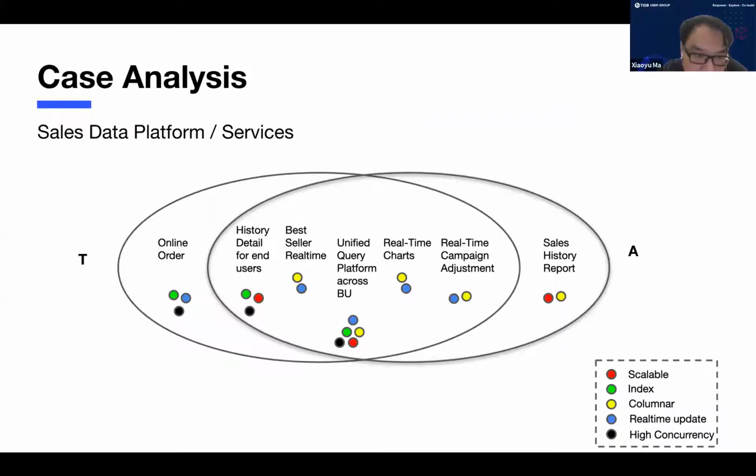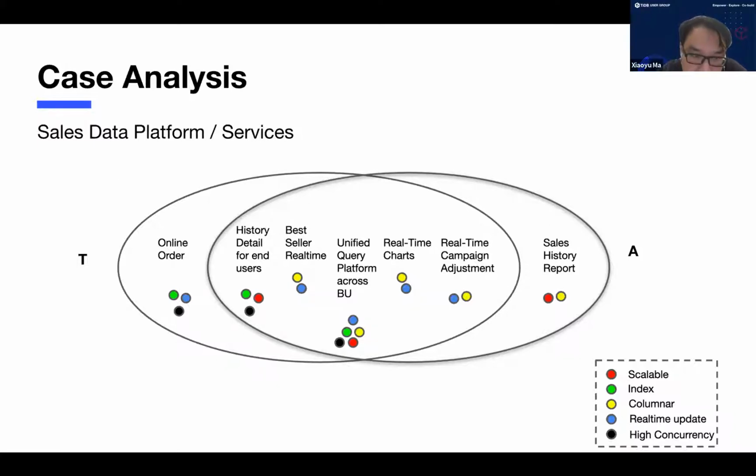And for those services, if you want to choose a database, these databases need to have some features that provide those online services. Say that you need to update your orders and you need to locate detailed orders, say by the shopping carts or by a user ID. And also it needs to change that data at very high concurrency.